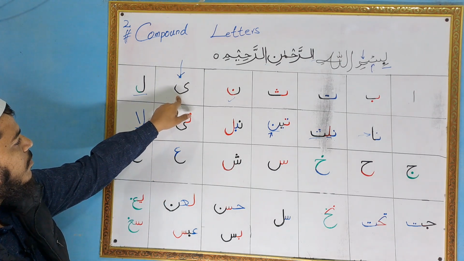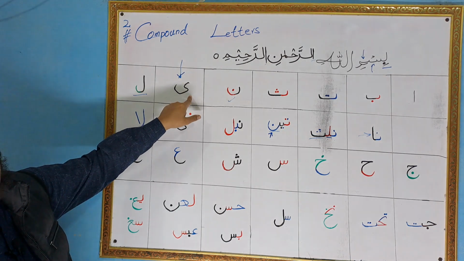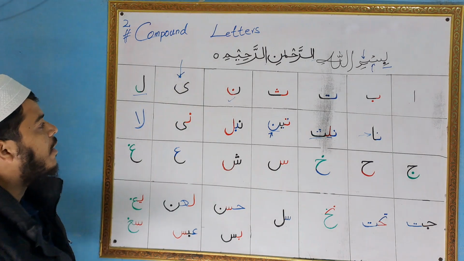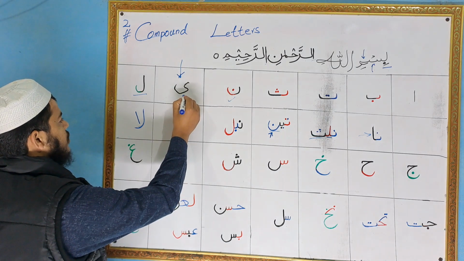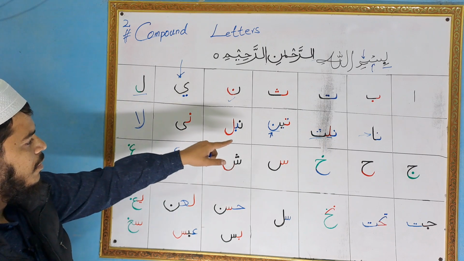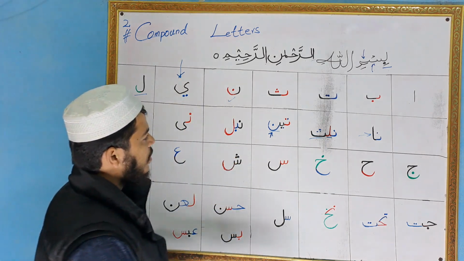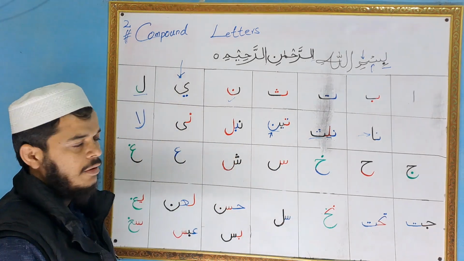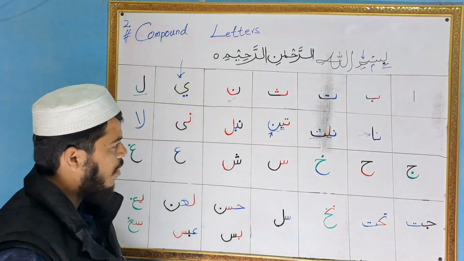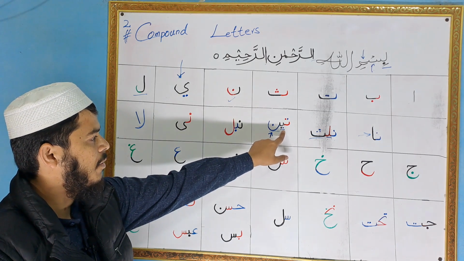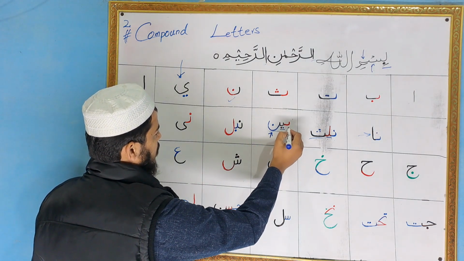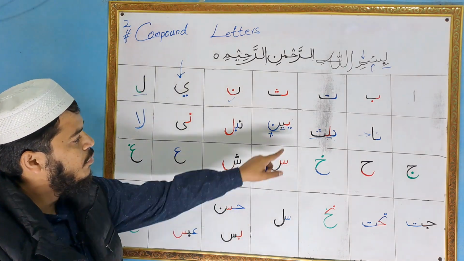Ya will come without dots when it is separate or at the end of the letter, and it will come with two dots in the bottom when it will come in the beginning of the letter or at the center of the two letters. Just like there it's having two dots, we will consider it ya, and we can consider this one ya as well if it will have two dots.